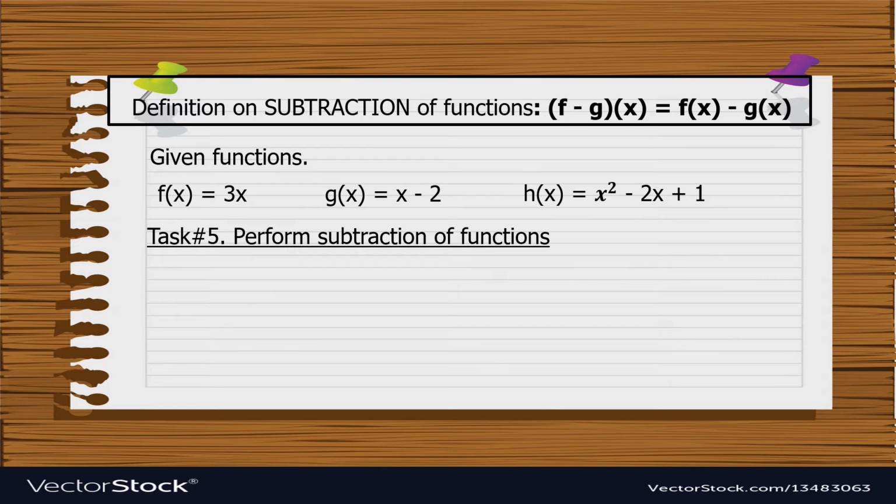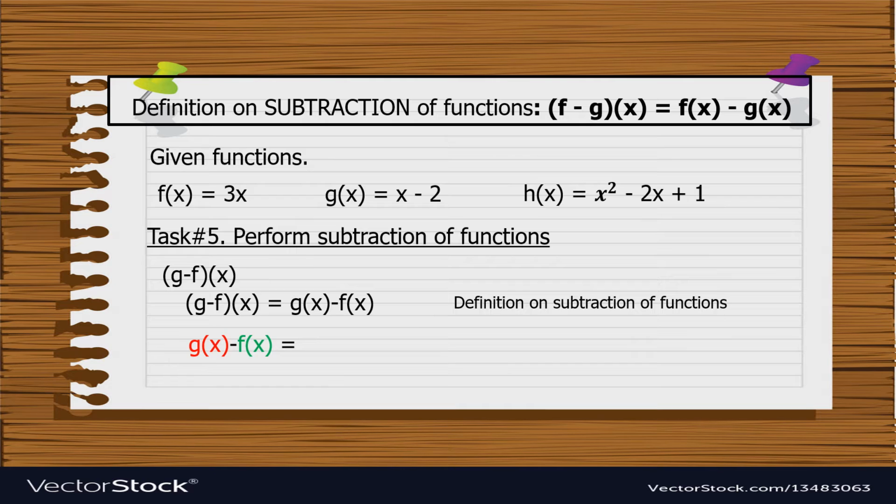For your task number 5, find the difference of g of x and f of x. You already know that g minus f of x equals g of x minus f of x. Now, replace g of x and f of x with the respective expressions.